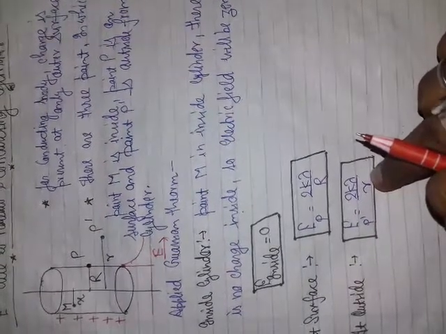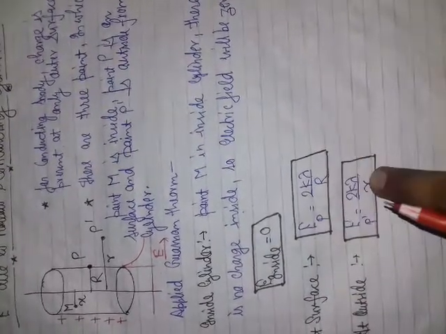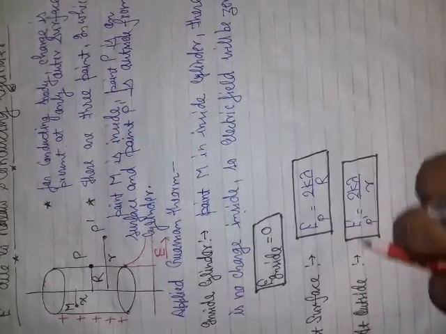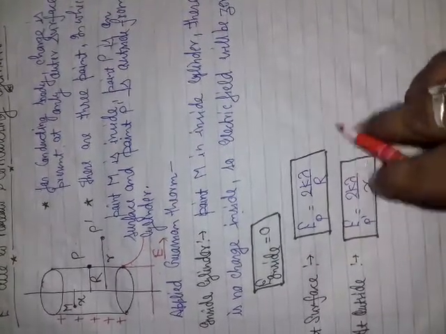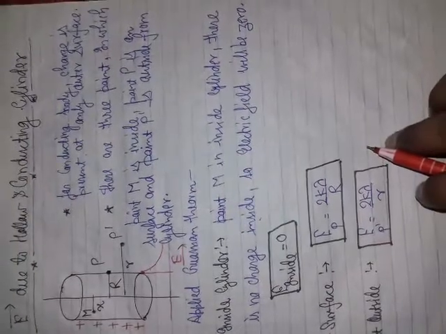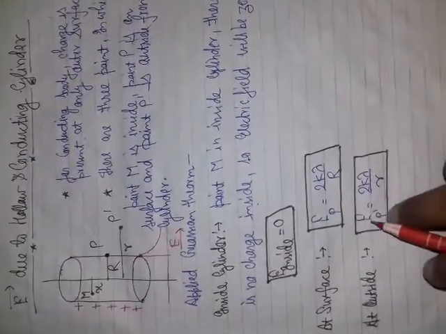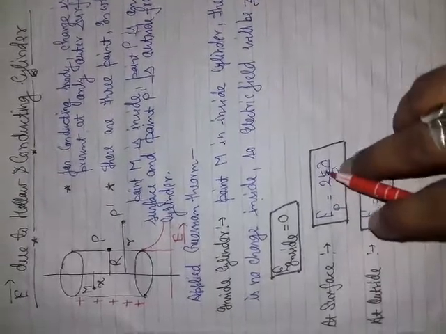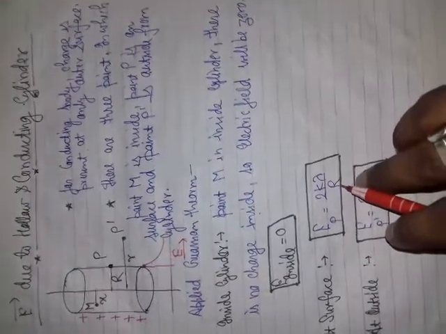As we can see from this equation, the electric field is inversely proportional to the distance, so on moving outside from the cylinder, the electric field value decreases as the distance increases. So the value outside is 2kλ by small r, and on the surface it is 2kλ by capital R.